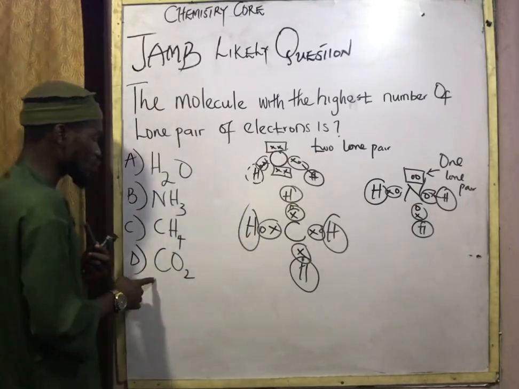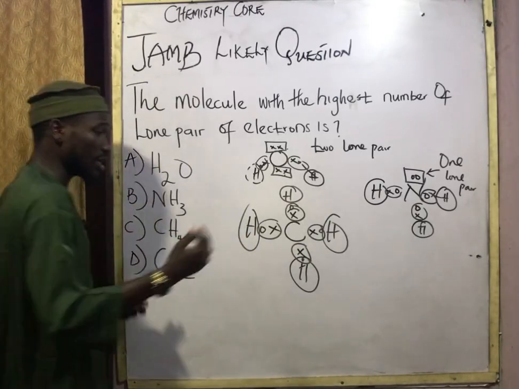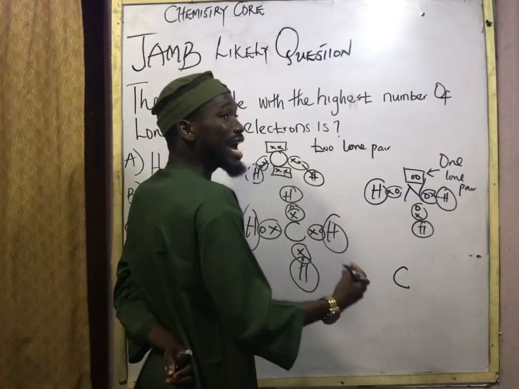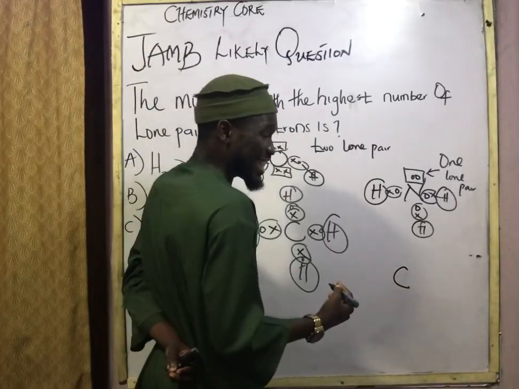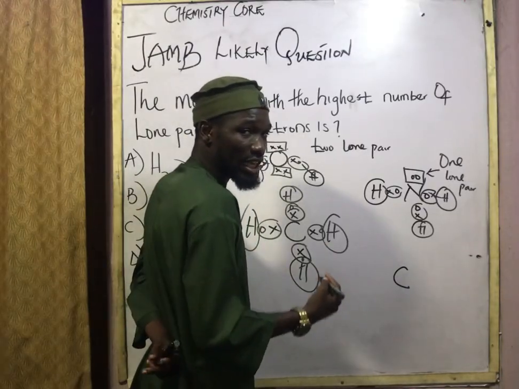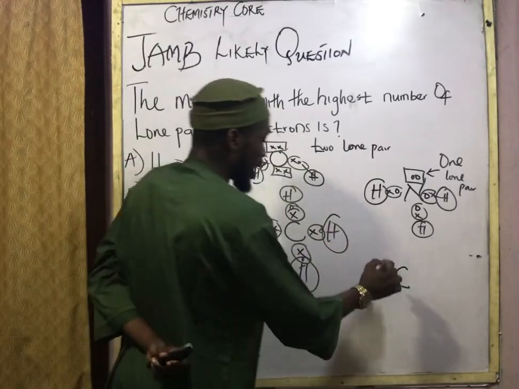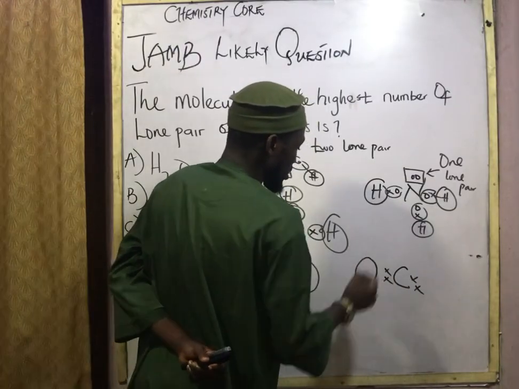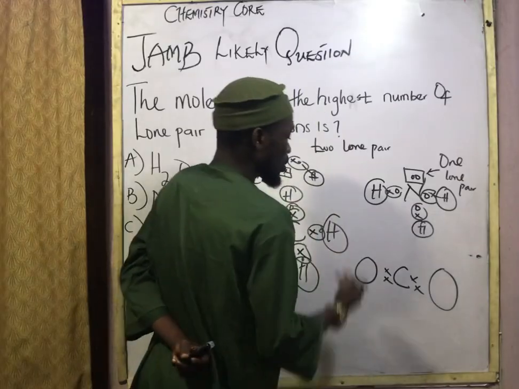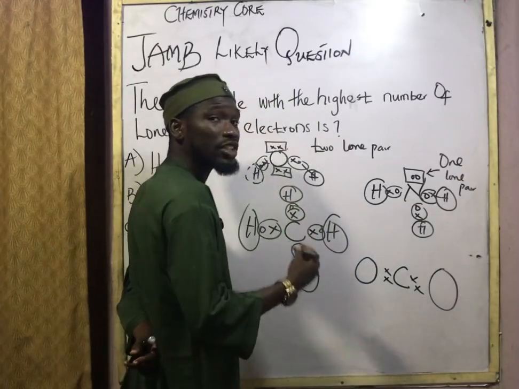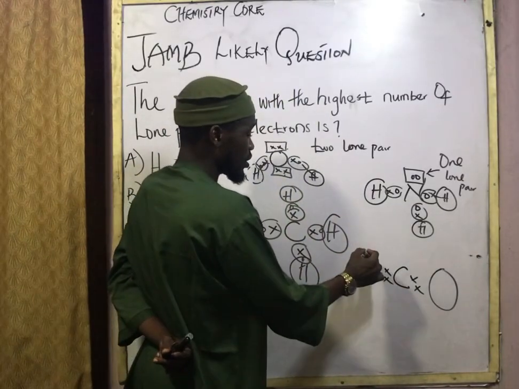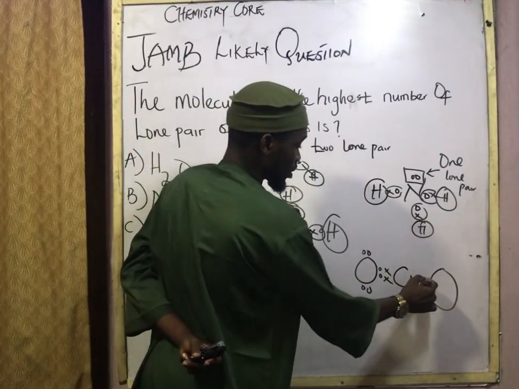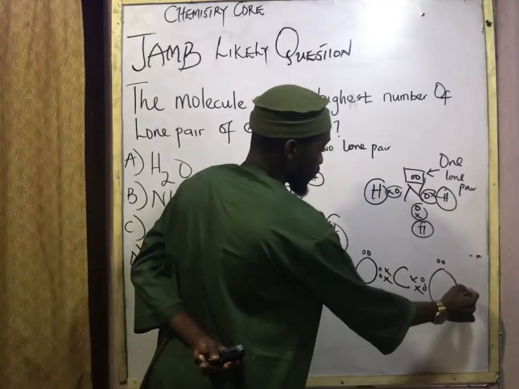The last one is carbon dioxide. Let's check. Carbon will be the central atom, and the outer electrons of carbon are how many, guys? It is 4. So we have 1, 2, 3, 4. The oxygen is here, and the second oxygen is here. Don't forget that the outer electrons of oxygen are 6, so we have 1, 2, 3, 4, 5, 6 and 1, 2, 3, 4, 5, 6.